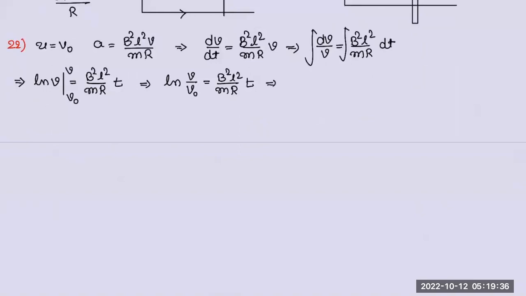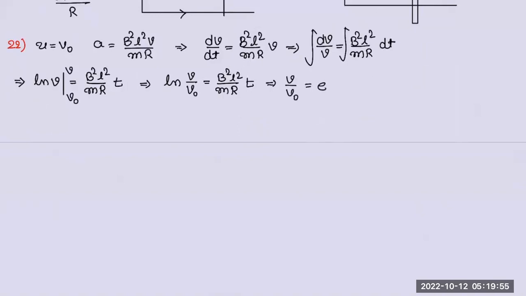I'll take e power on both sides. e power ln x is equal to x, right? So v by v naught is equal to e power this entire value.